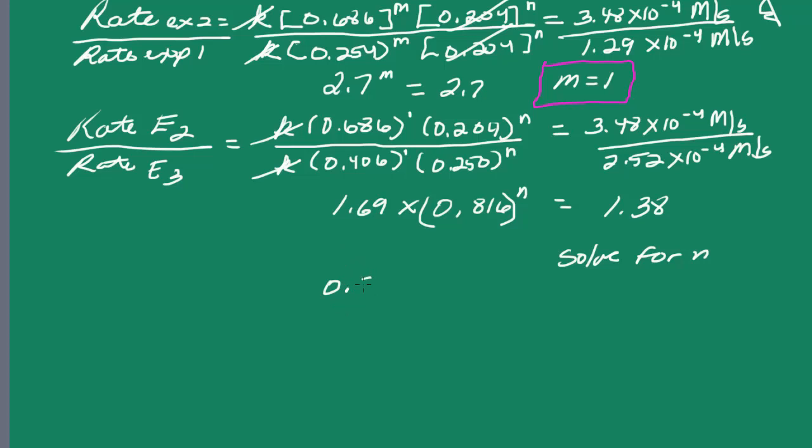So 0.816 to the n power is going to be equal to 1.38 divided by 1.69, and that is equal to 0.816.